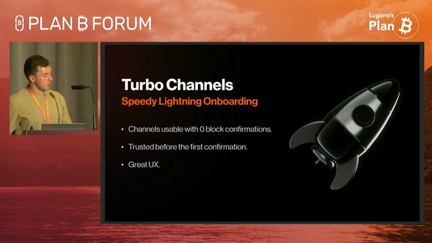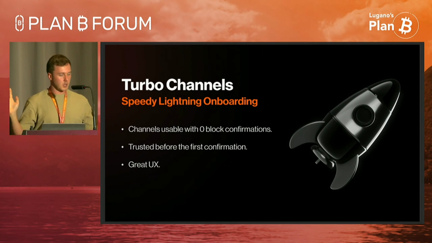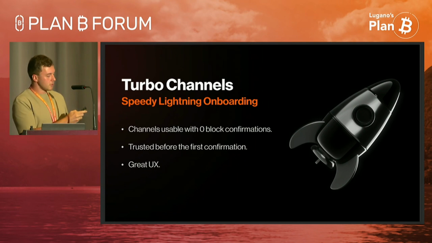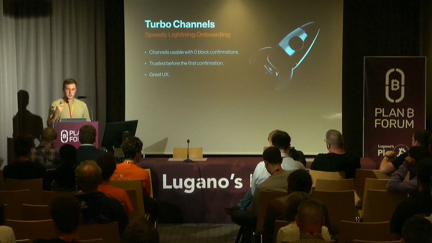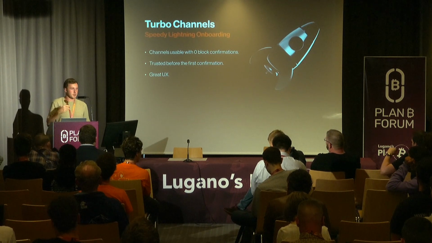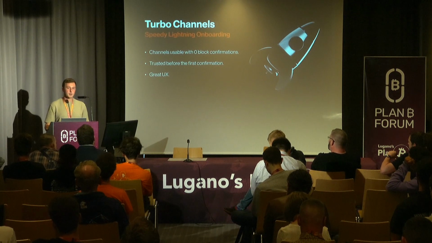As soon as you have the first on-chain confirmation, it's a regular Lightning channel as you know it, non-custodial. You don't need to trust anybody. But the downside of a turbo channel is that before the first confirmation, the first 10 minutes, you need to trust the LSP that he doesn't screw you over.